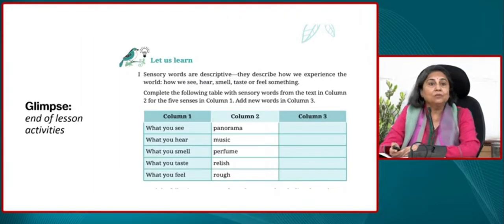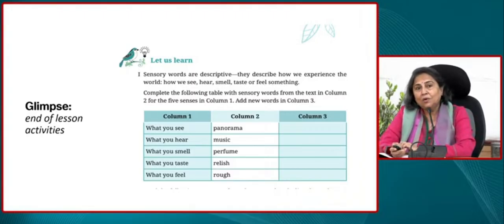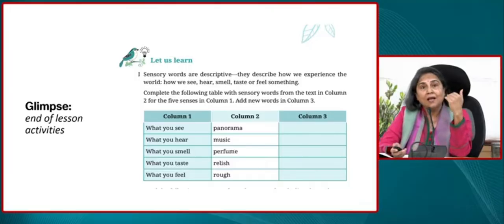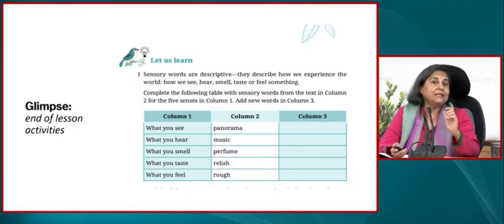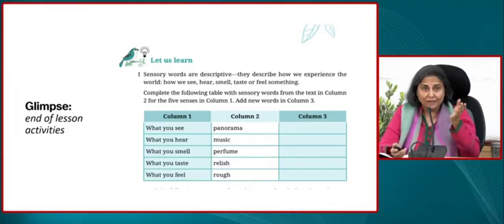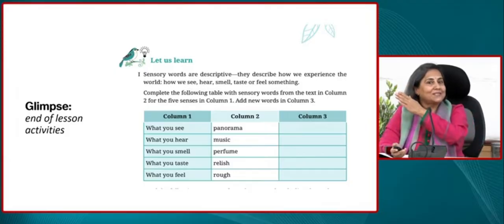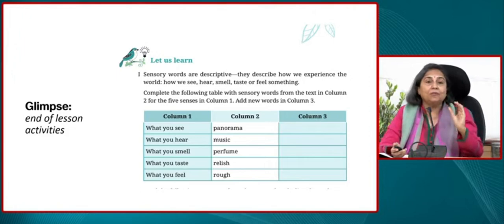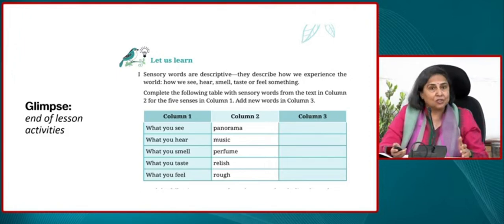Then we come to let us learn. Now, let us learn once again is vocabulary in context and grammar in context. You must be wondering why we have given the title Let Us Learn. Because here they are going to learn from the text, as well as they are going to go beyond the text. Because we are not restricting our students to the vocabulary that's given in the text only.